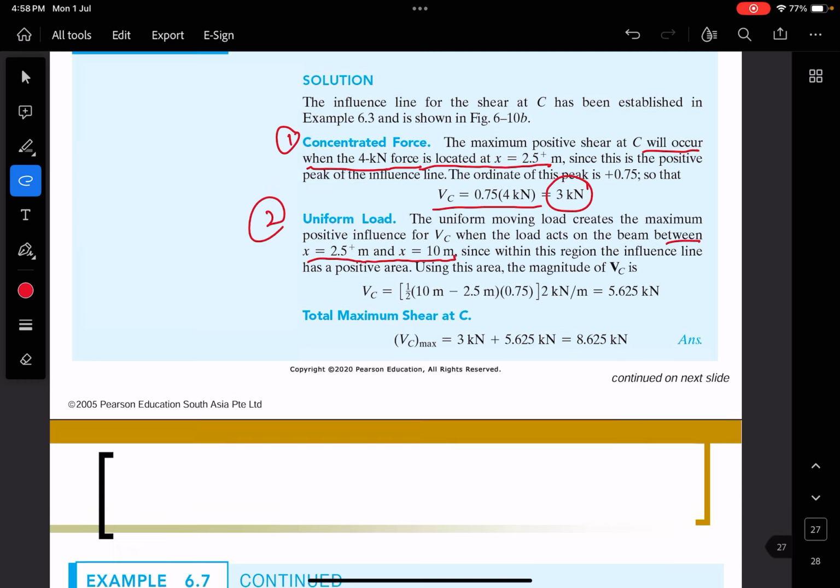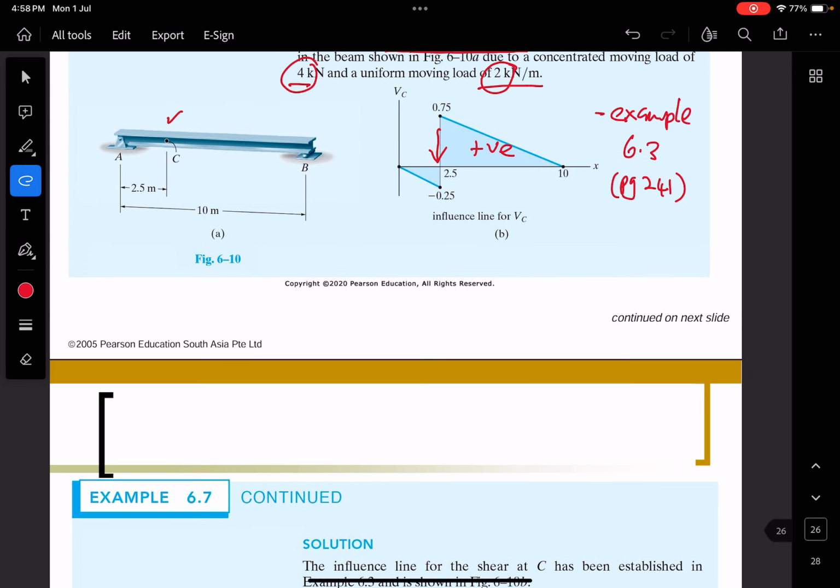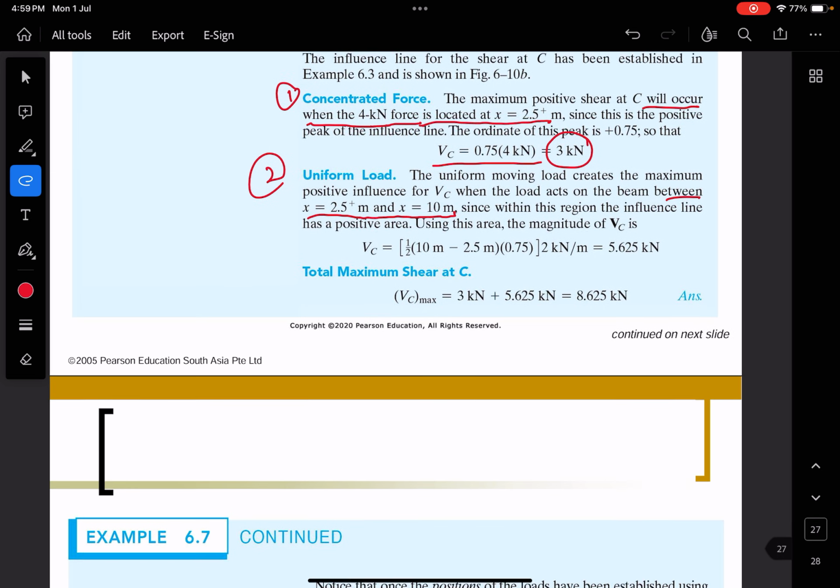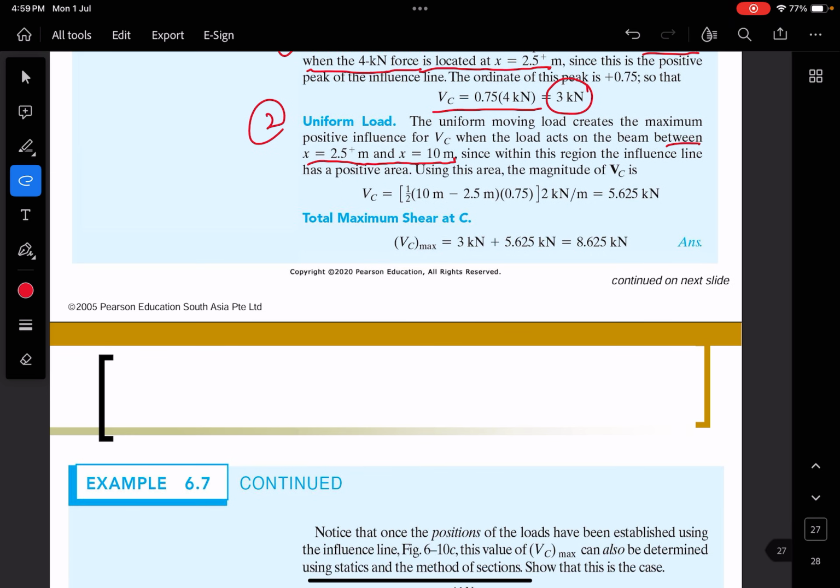So it's better to put your uniform distributed load just now along this area from 2.5 to 10 meter. So that's why you need to calculate that area, the triangular area between 2.5 and 10 meter.